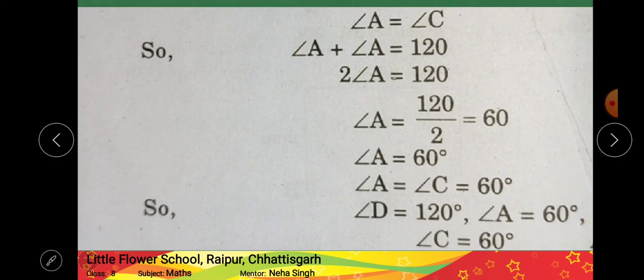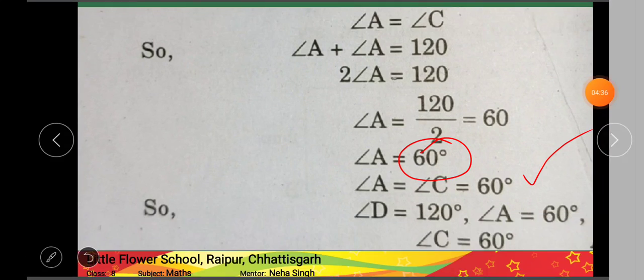Now A and C will be equal because they are opposite angles of a parallelogram, and opposite angles of a parallelogram are equal. So A equals C. A plus A is 120 degrees. Twice angle A is 120 degrees, so angle A is 120 upon 2, which is 60 degrees, right? So angle A is 60 degrees, which means angle C is also 60 degrees. Thus we have calculated all the angles.